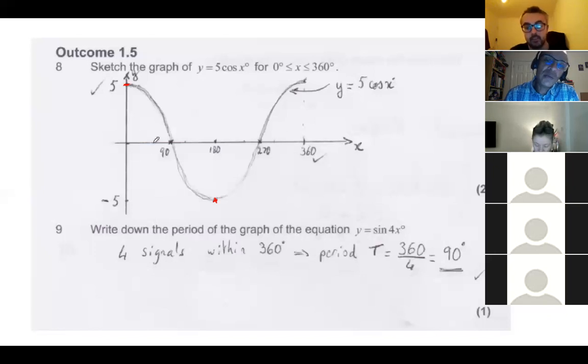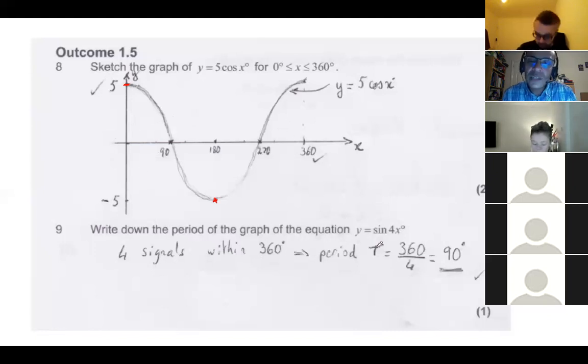If you get some of these wrong, then to get 2, you need to have those 2 and the amplitude. You'll get 1 for the amplitude, definitely. But that's the hard bit: the person that put an amplitude of 5 there and put a wee dot here, -5, I could see some teacher not giving it.